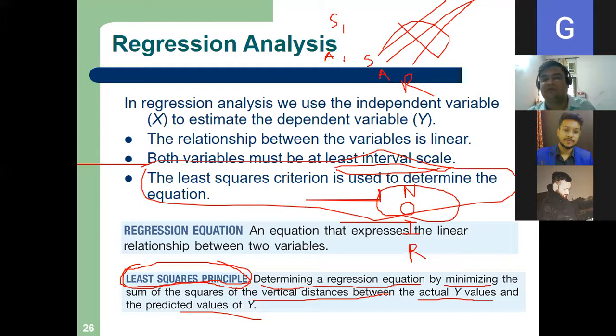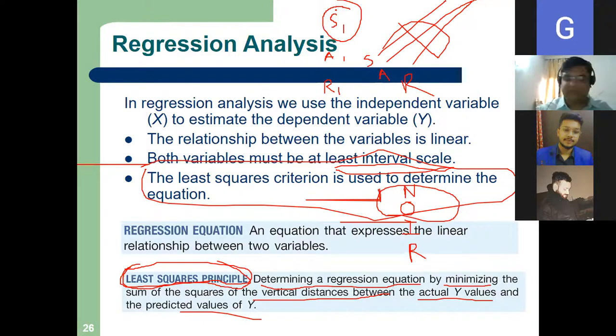And this is for Rishabh. Whichever student's line has the least sum is the regression line. That is the definition of the least square principle. That is what the least square principle says.